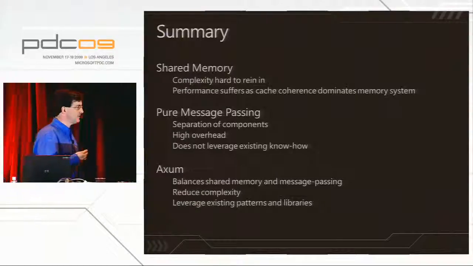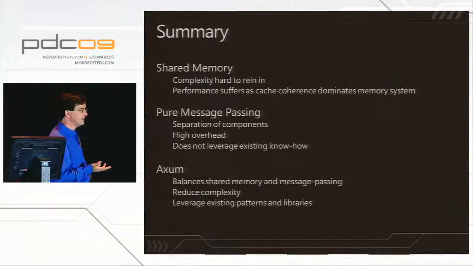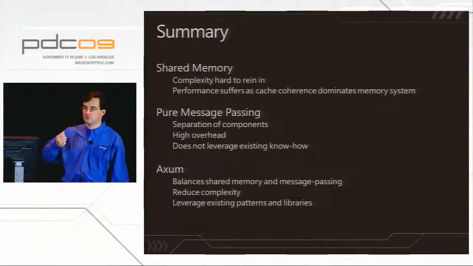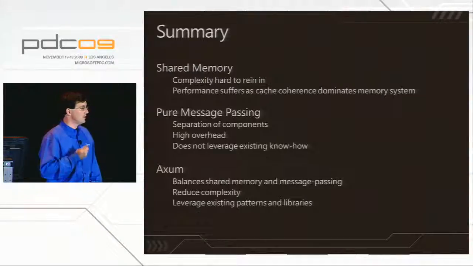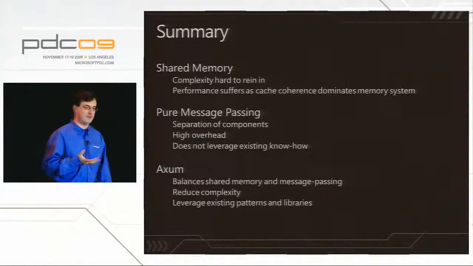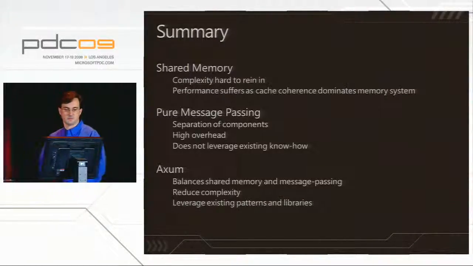Pure message passing, like some languages use, unless you're building it on purely immutable data types, has a high overhead. So it's not for everything. It really shouldn't be used for everything. We need to limit the amount of message passing we're doing.